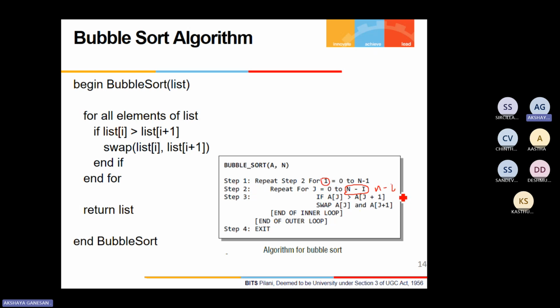If this is k, then it will be n minus k minus 1. So n minus k minus 1 is for ignoring comparison of elements which have already been compared and gone to their position. So the last element will be ignored every time.